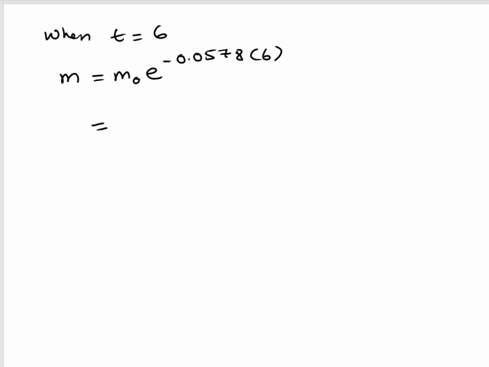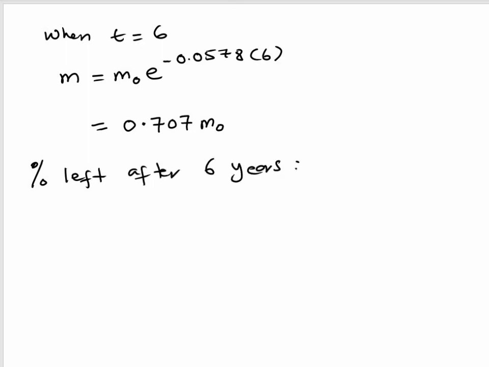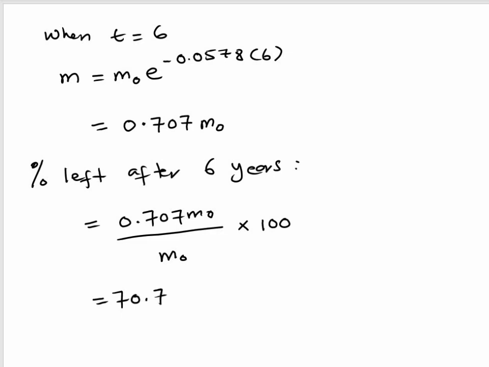So this is equal to 0.707 m naught. So we want the percentage left after 6 years, which is equal to 0.707 m naught divided by the original mass, which is m naught, and then multiply by 100. So lastly, the answer is 70.7%.